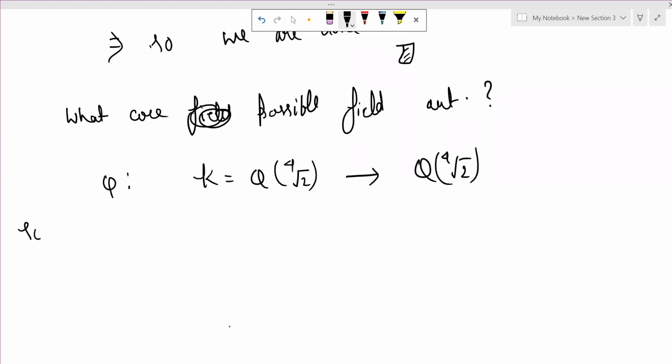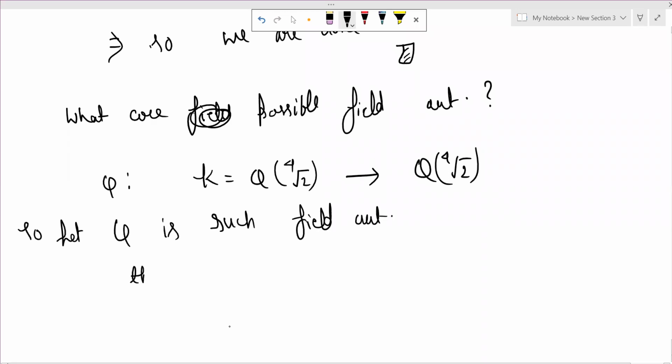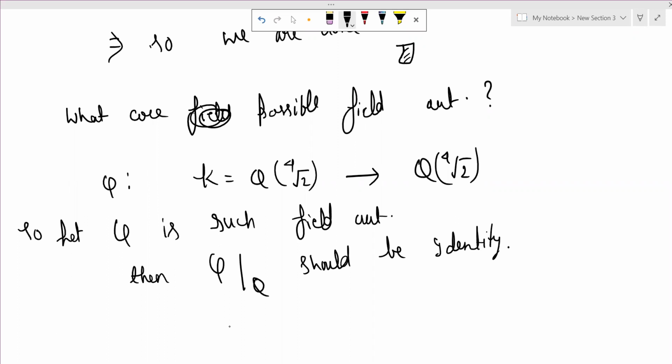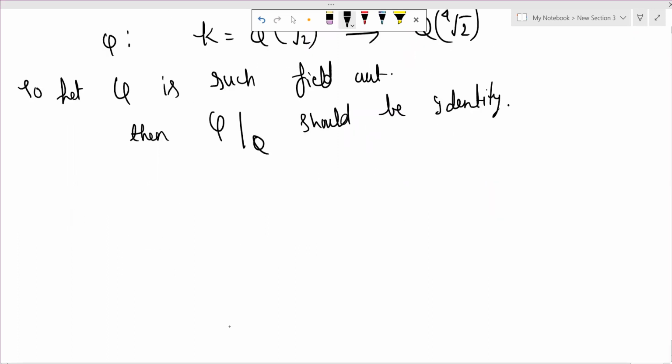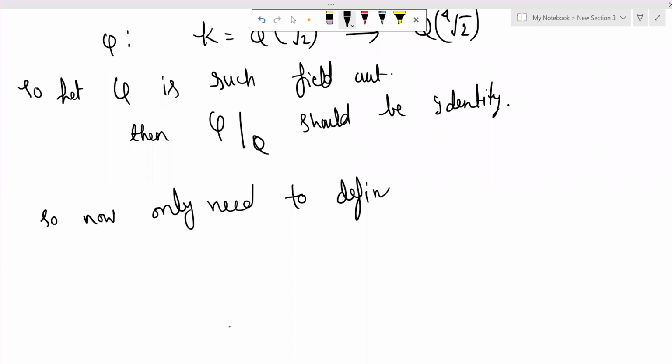So let phi be such a field automorphism. Then phi restricted to Q should be the identity. So now we only need to define it for the fourth root of 2.